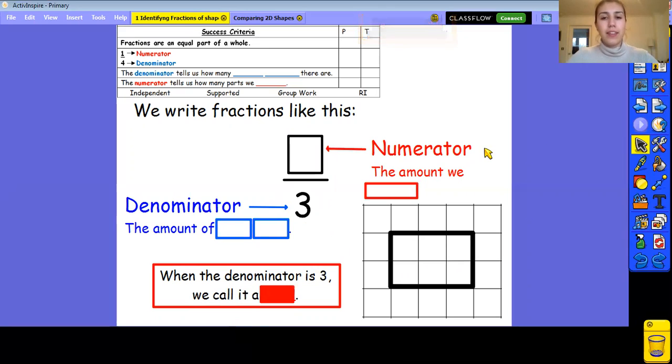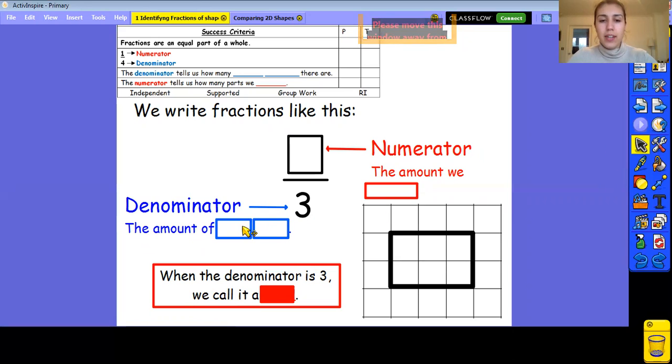Let's have a look at this one then. So the top number is called the numerator and the bottom number is called the denominator. Now, for the most part, you want to look at your denominator first. So the denominator in this fraction is 3. Now, who can remember what the denominator shows us? The amount of what in the whole?